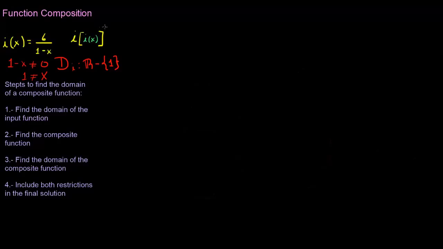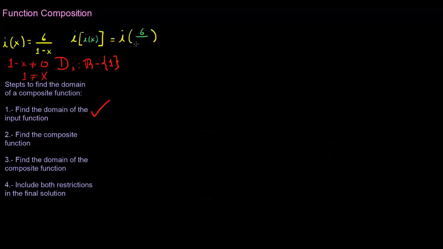Now I'm going to proceed with the actual operation, because we have done already the first step, which is this one here. I'm going to check it. So let's continue with the I of I of x. Saying I of I of x is just the same as saying I'm going to input the function I to itself. So I'm going to replace every x with the actual definition of I of x, which is 6 over 1 minus x.